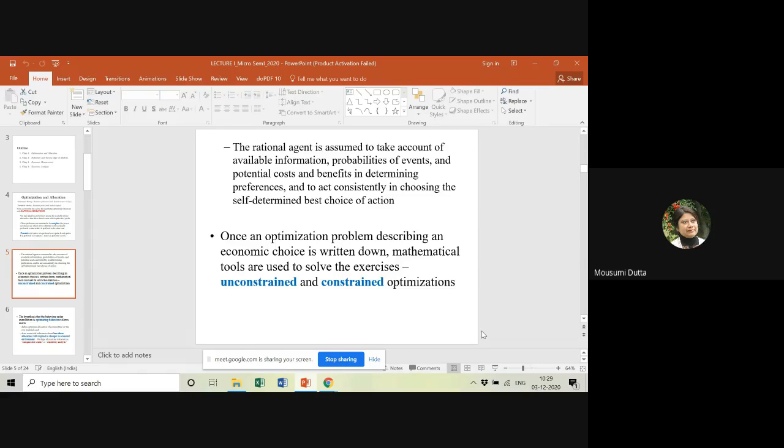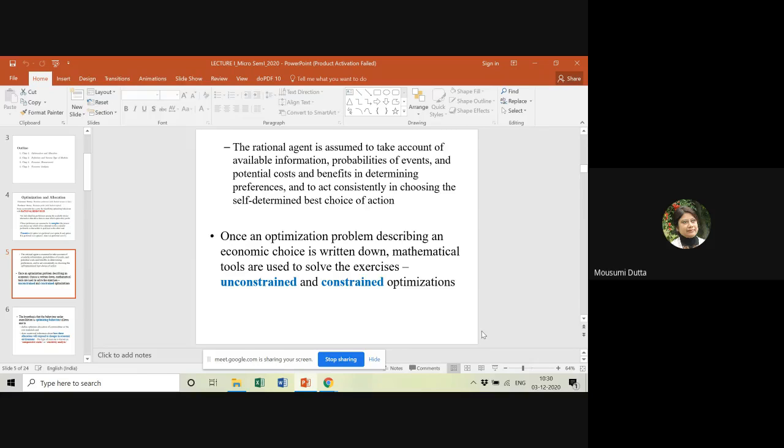Okay, so when you are selecting the subject economics, when you are selecting this department, we will try to consider you as a rational agent who took account of all available information, probabilities of events, and potential costs and benefits.